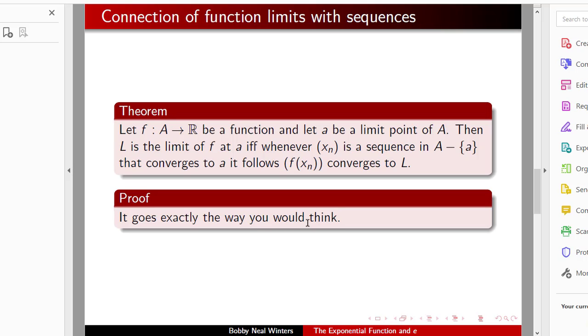And if you're clueless, you need to sit down and think about what this means. You're going to have to just unpack some definitions, maybe look back at where we've done similar things before.